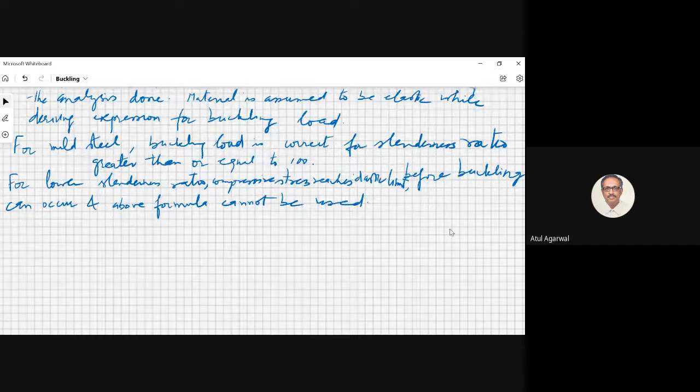One more thing is there. Now you have a column. You are applying a load. Now this column has a cross section.